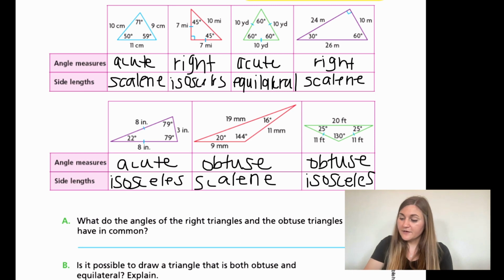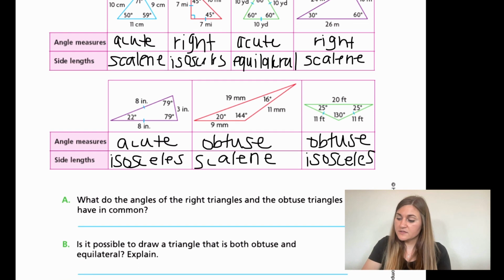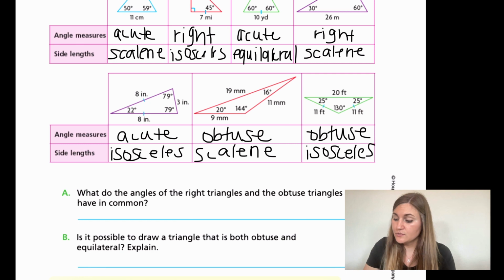All right, then for A, it says, what do the angles of the right triangles and the obtuse triangles have in common? So the right angle is 90 and the obtuse is bigger than 90. So what do they have in common? Well, if we look at the right triangle and the 2 at the bottom, the red and the green, because those are 90 and bigger than 90, that means the other 2 angles have to be acute.